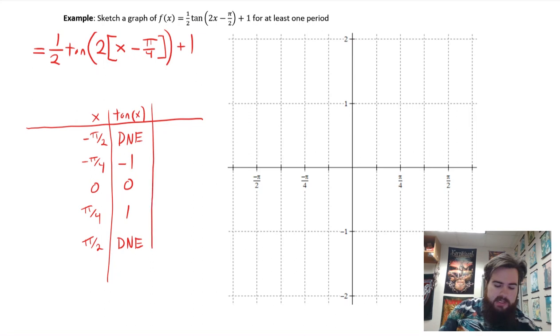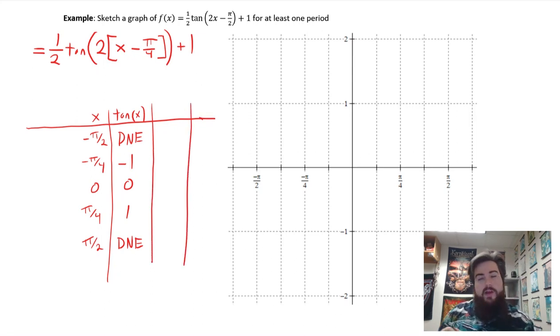In terms of the t-table method, though, just about everything is still the same. With tangent of x, the first thing I'm going to do to the y-coordinate values is I'm going to use the amplitude. The amplitude is what is operating on tangent in front of it, either a multiplication or a division. In this case, we are multiplying by 1/2.